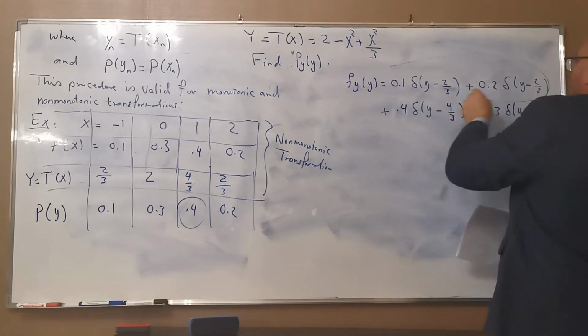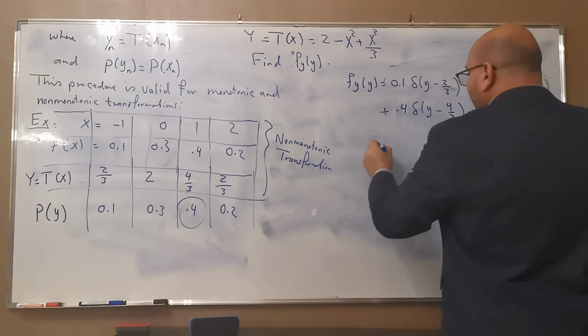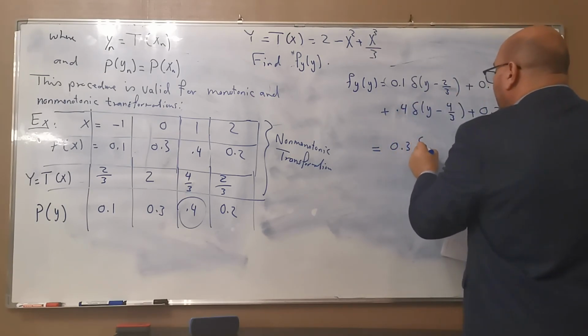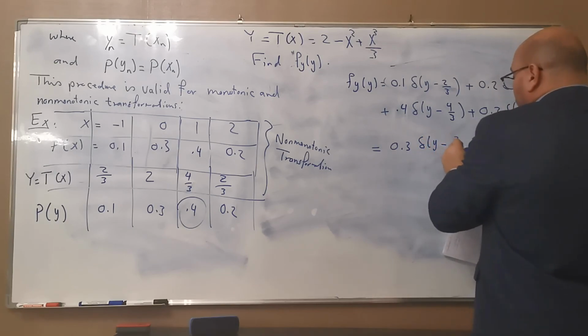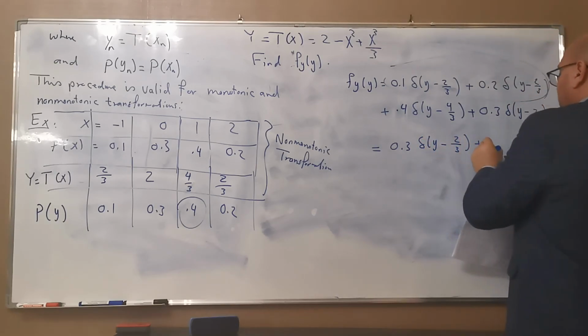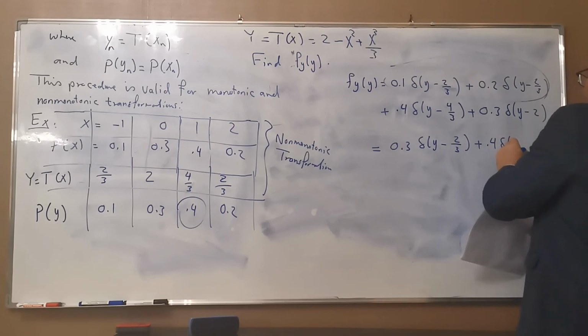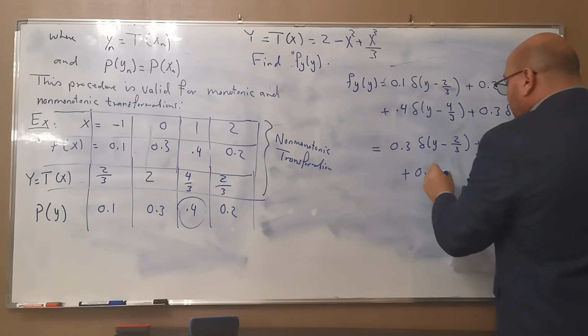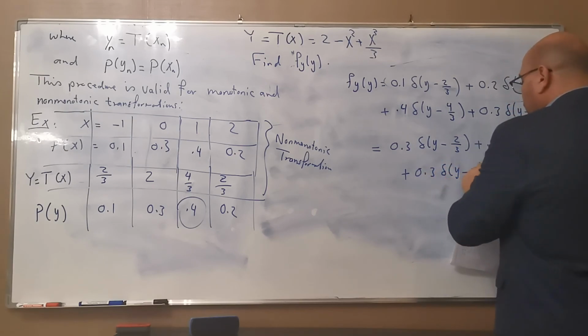Those two are two deltas at the same location, so we can add their probabilities together. So this is 0.3 delta of y minus 2/3 plus 0.4 delta of y minus 4 over 3 plus 0.3 delta of y minus 2.